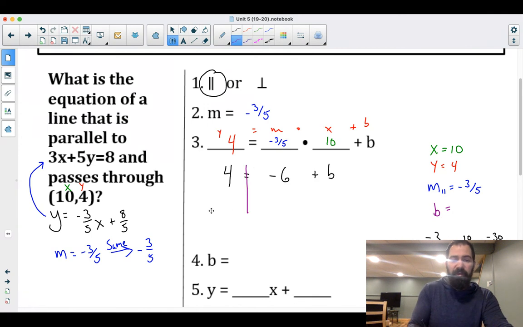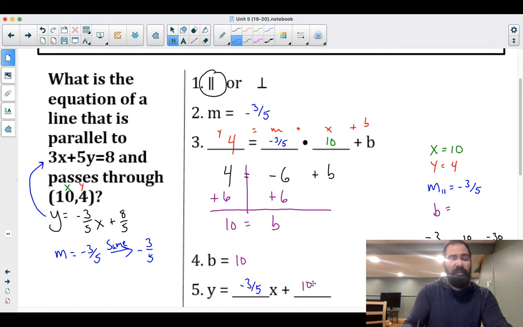And then to solve, to get the b by itself, we do the opposite of a minus 6. We add 6, and we get 10 equals b. So b equals 10, which means our new equation, y equals negative 3/5 x plus 10.